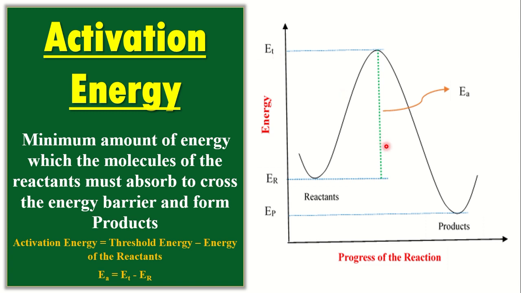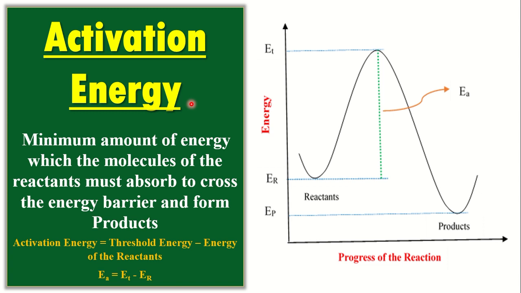So now we understand that threshold energy is the minimum amount of energy which the reactant molecules must possess to bring about an effective collision so that they can form the products. At this point, the reactants have entered an intermediate phase, which is quite unstable, and so this breaks down into products.